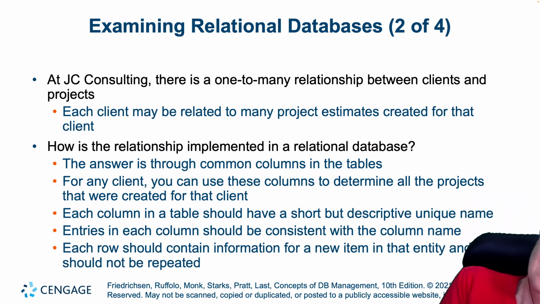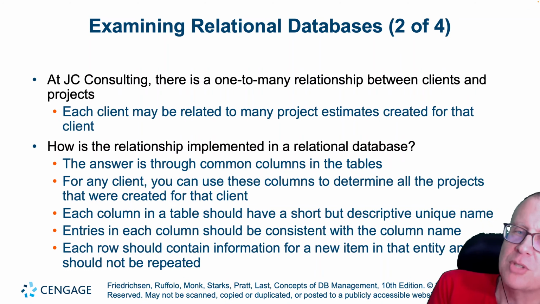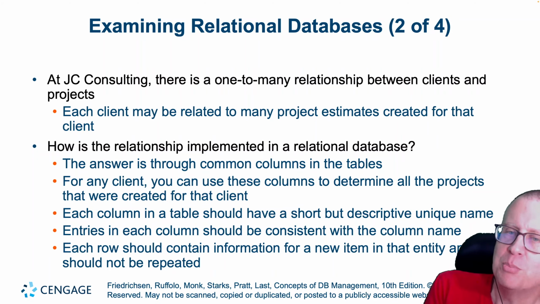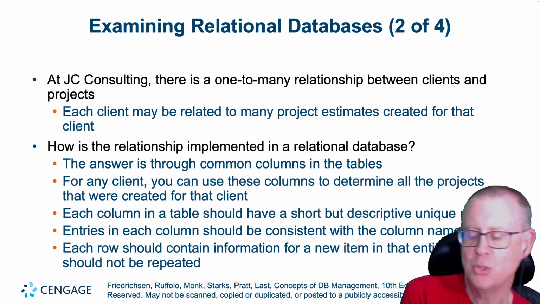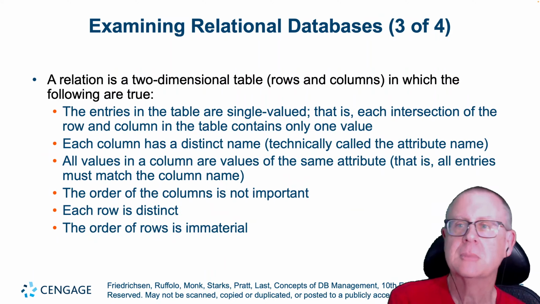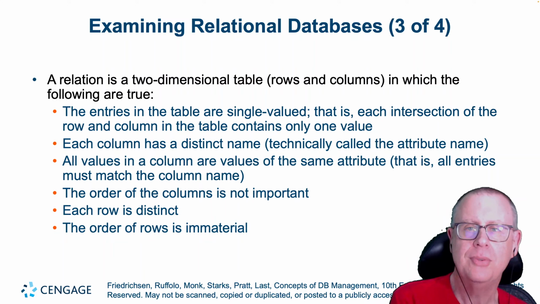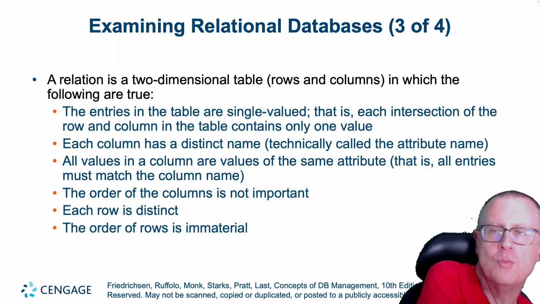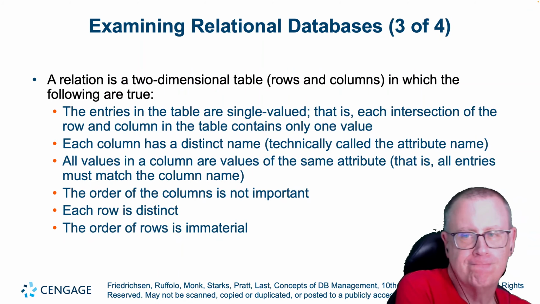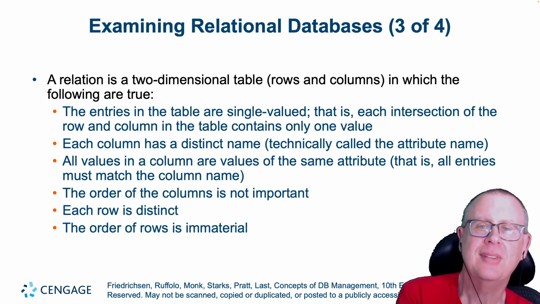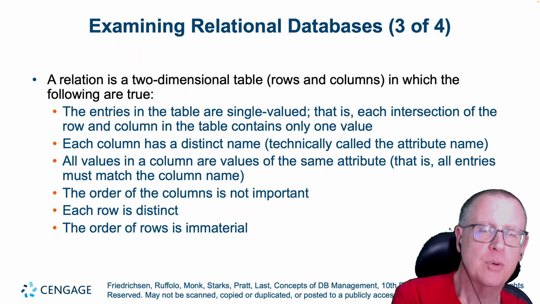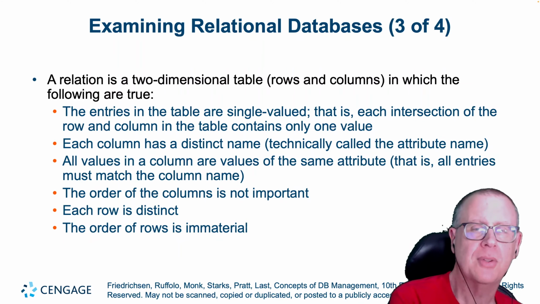So that's why it's saying here each column in the table should have a short but descriptive name, and it should be unique. Entries should be consistent, and each row should contain information for the new item. So a relation is a two-dimensional table. It's got rows and columns in which the following are true. The entries are single valued. Right, so for a given row and column, there's only one value.